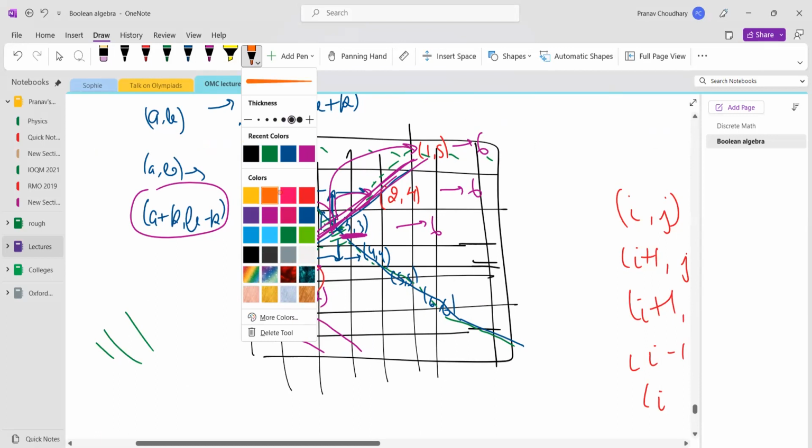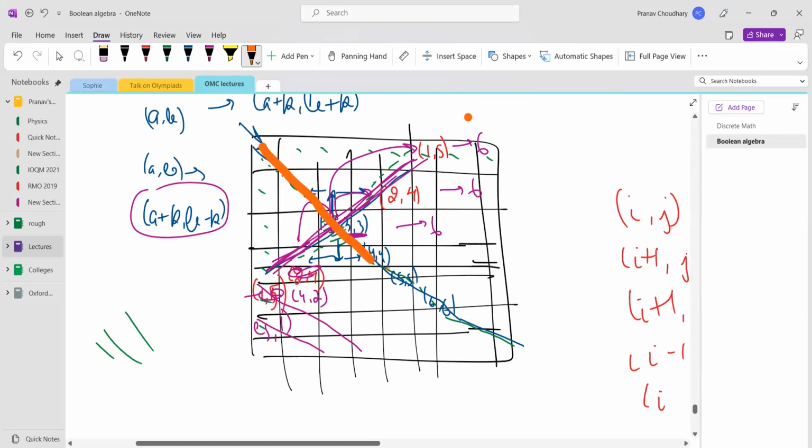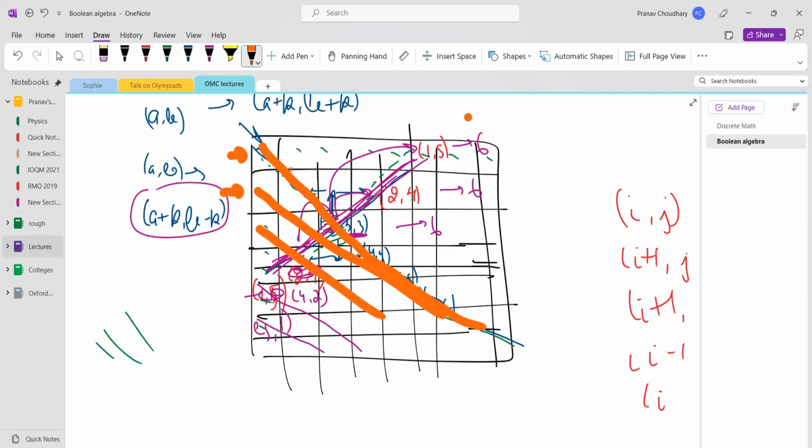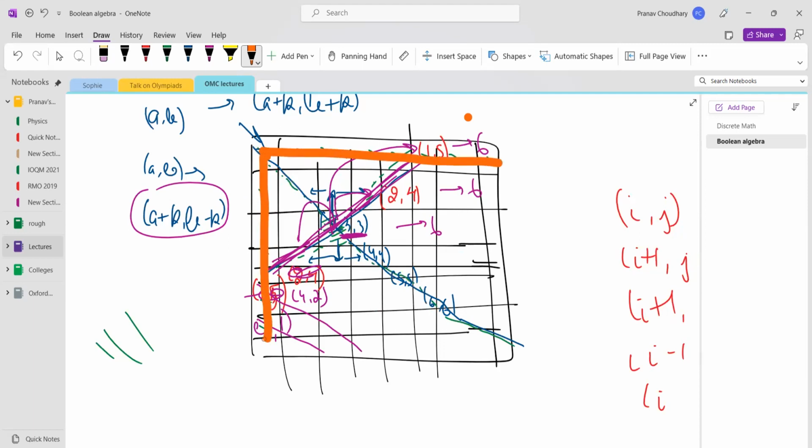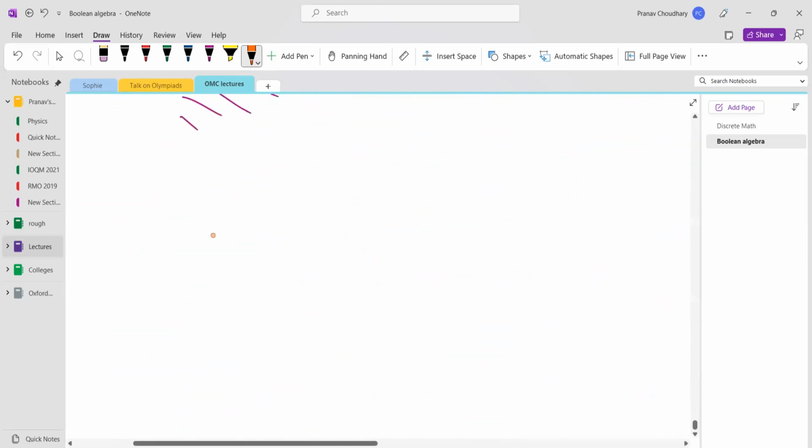So we can see this as one diagonal from this cell, then one diagonal from this cell, one from this cell, and you go on downwards, and then one from this cell this way. Basically, there's a diagonal originating from the top row and the leftmost column.